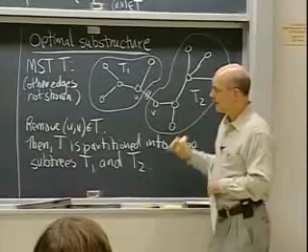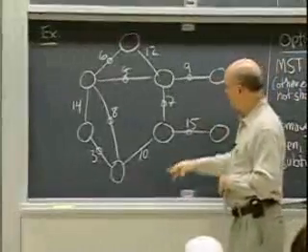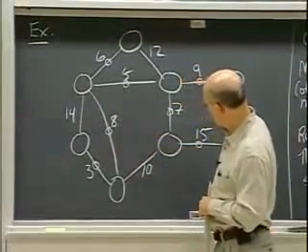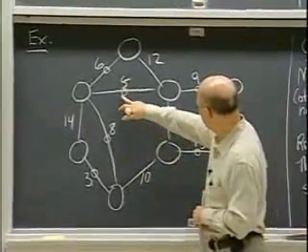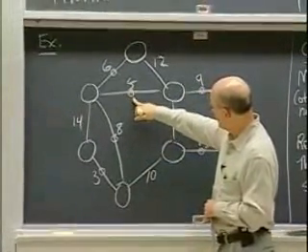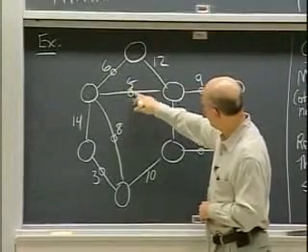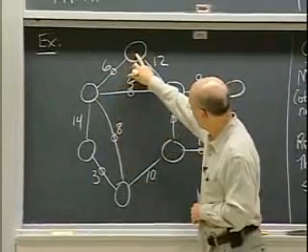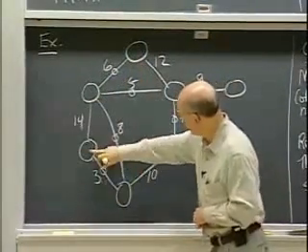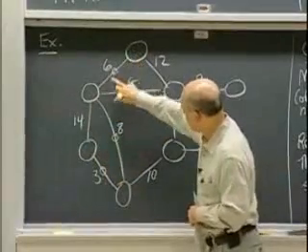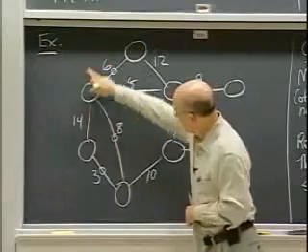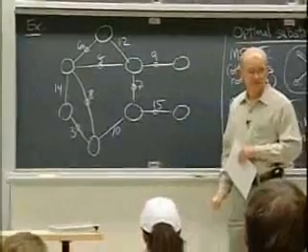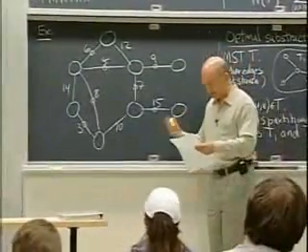We can even do it over here. If we cut out edge 5, then T1 would be these 4 vertices here. If I look at the subgraph induced on that, these edges, the 6, 8, and 3 are all edges in a minimum spanning tree for that subgraph. So that's what the theorem says.